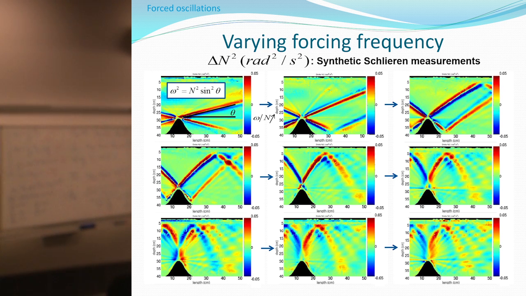The angle of the wave beam with respect to the horizontal is imposed by this relation here. And we can see that when increasing omega for a constant N, this angle progressively increases as well, when we look at this upgoing beam.